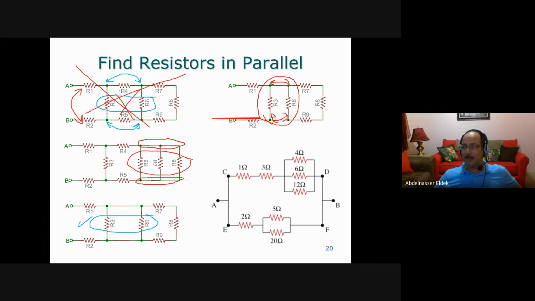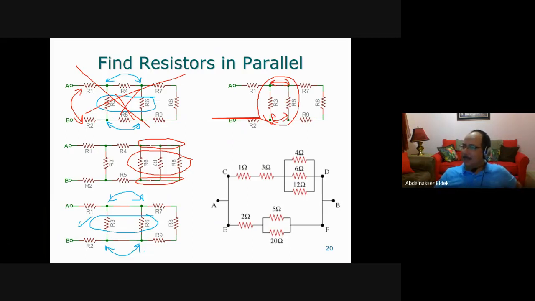Because I removed R4 and R5. Now you see they are connected from this terminal and they are connected from the other one. So now you can simply say that R3 and R6 are parallel to each other, because they are connected from both terminals.